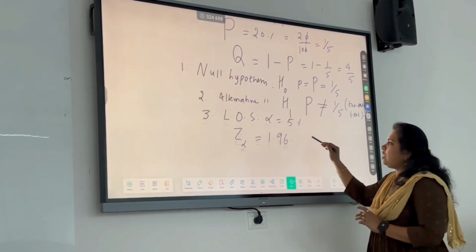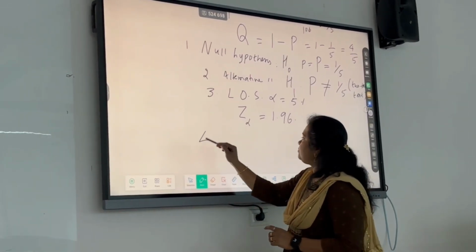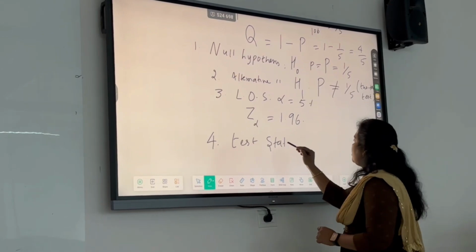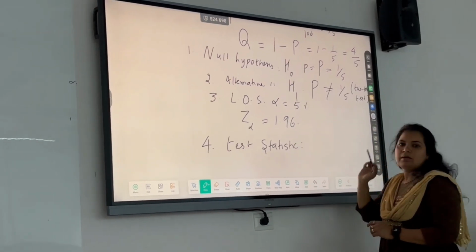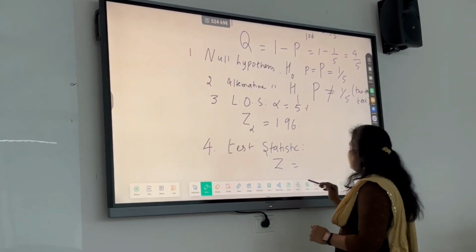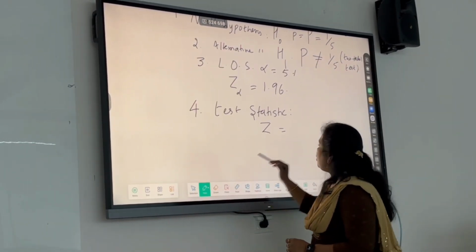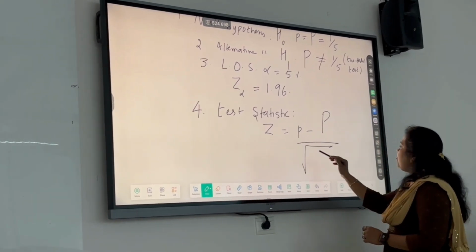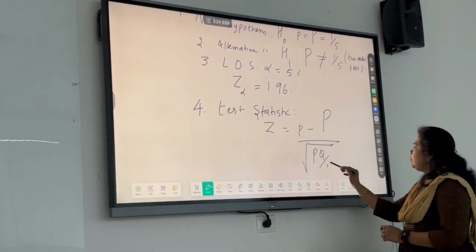Now we have to calculate the test statistic, denoted by Z. The formula is small p minus capital P divided by root of PQ by n.